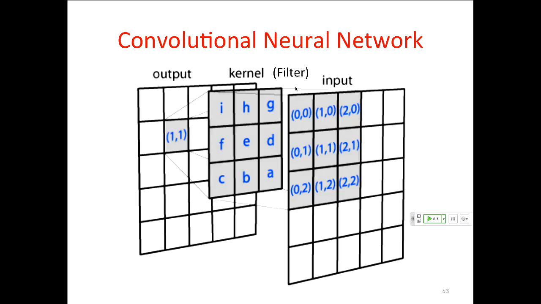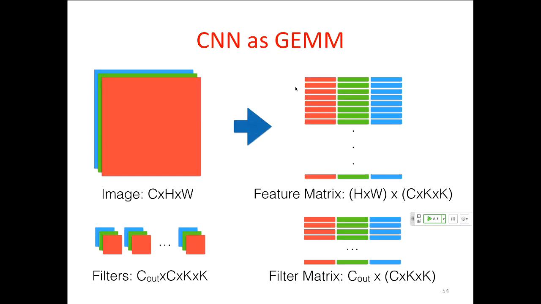So in project 3, the prediction function is looking at these local regions, and you multiply the input and the kernel, and you get the output here. It turns out that convolutional neural networks can be transformed into matrix multiply.